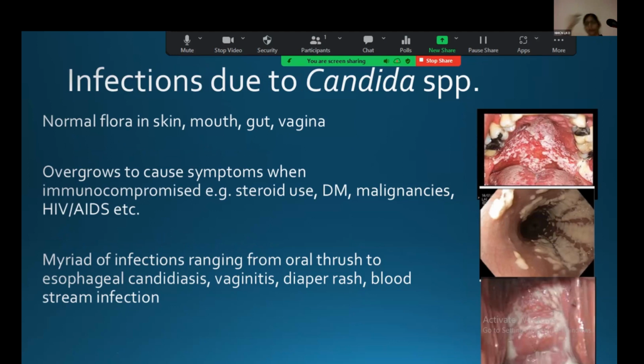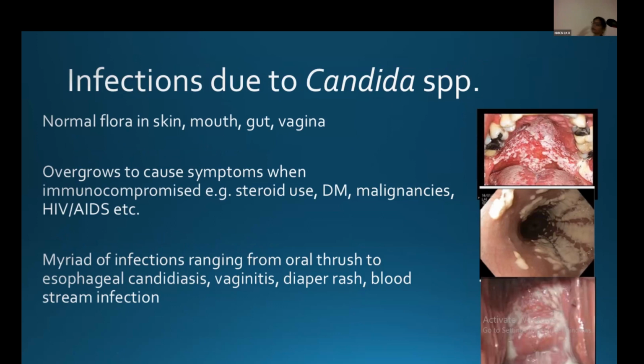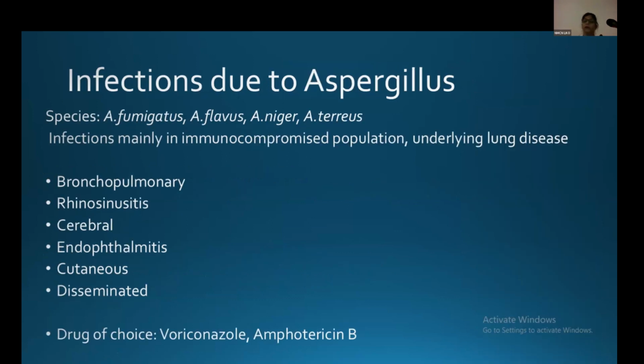Can you name some emerging Candida species? Auris. And then infections due to Aspergillus. We have 4 or 5 important species. Aspergillus fumigatus is the commonest one, followed by flavus and terreus. Infections occur in the immunocompromised population or in patients who have an underlying lung disorder.